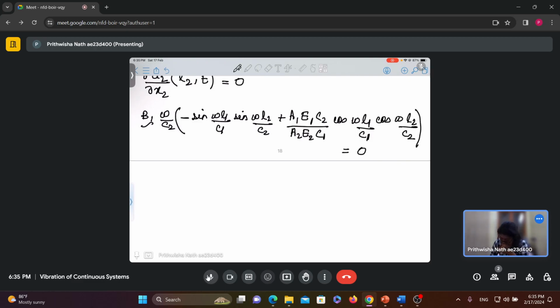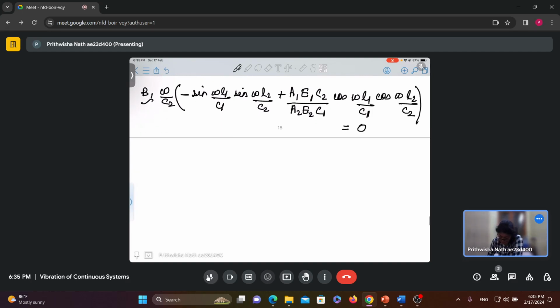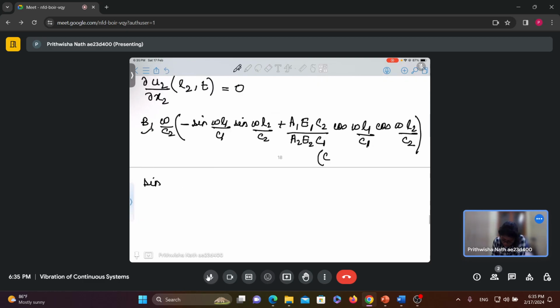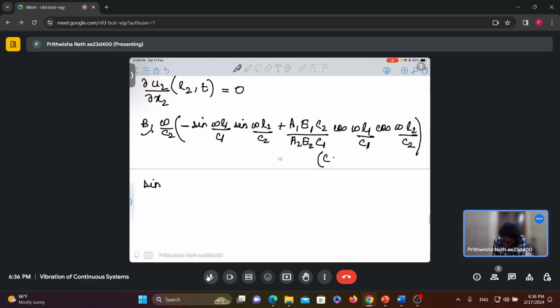This equals 0. Now I will rearrange this equation. And there is a constant, this term also, C cos omega t plus D sin omega t, this is equal to 0.